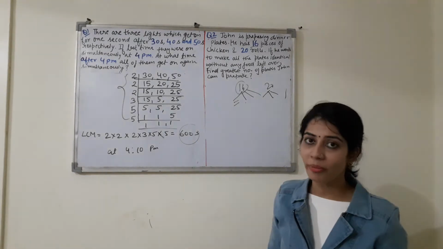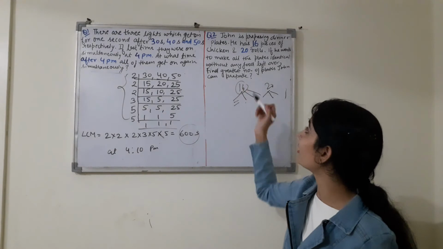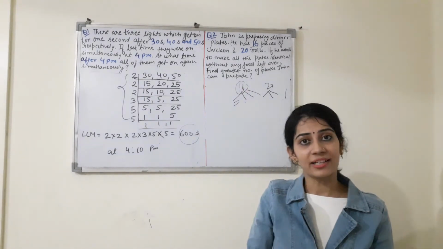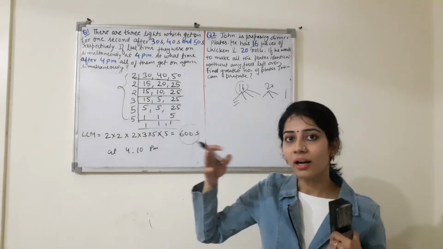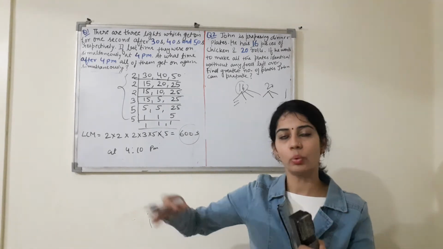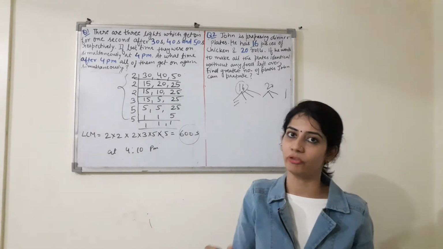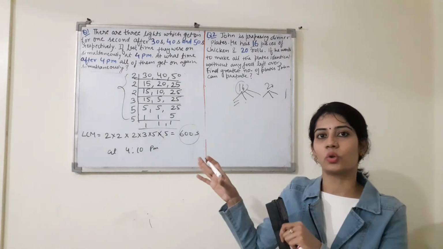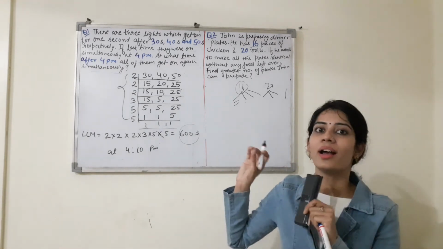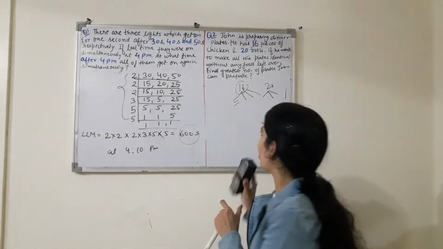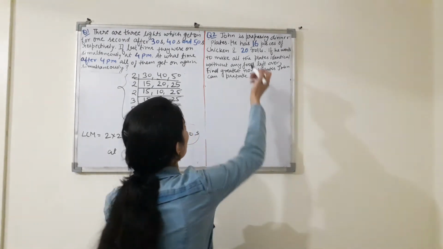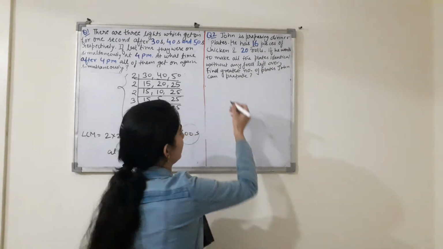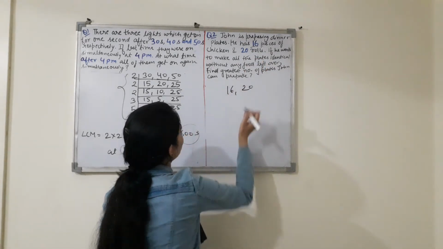Now highest common factor, because they are asking find the greatest number of plates, maximum कितनी plates वो प्रिपेयर कर सकता है कि हर प्लेट में इक्वल नंबर ऑफ फूड आइटम्स हो और कोई भी आइटम लेफ्ट ओवर नहीं हो. It means it is a question directly related to your highest common factor. So what will you do? You will simply find the highest common factor of these two numbers, that is your 16 and 20, right?